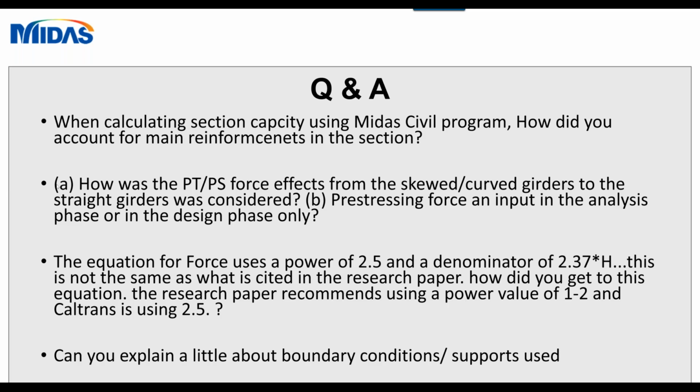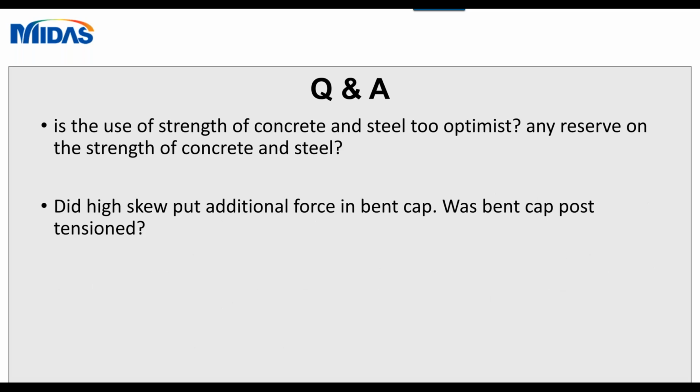So I decided just to use the force-based method, make it simple. I don't think that we had to increase concrete strength or steel, so any resistance strength. Yes, I will say if we follow the displacement-based method, there is definitely more capacity in the concrete and steel.